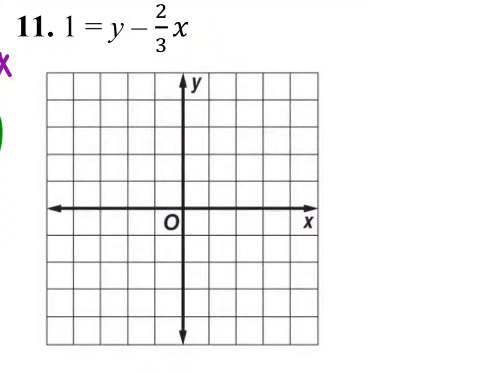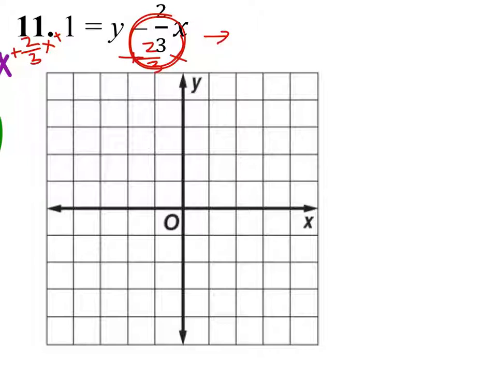All right, this one is extremely tricky, because now it's 1 equals y minus 2/3 x. But the concept remains the same. I'm going to need to add 2/3 x right here, and I'm going to need to add 2/3 x over here. So that becomes a 0 pair right there.